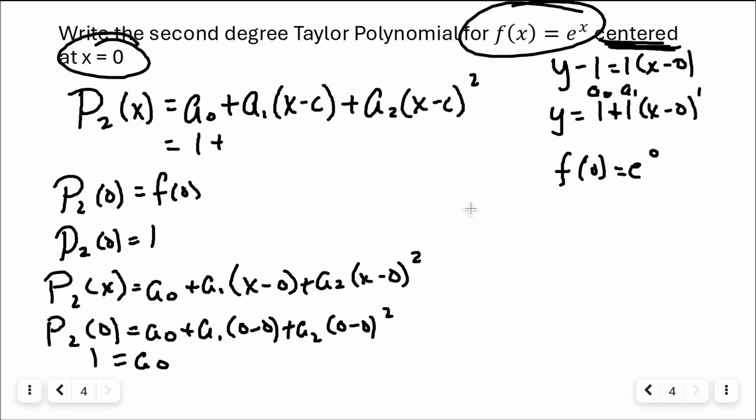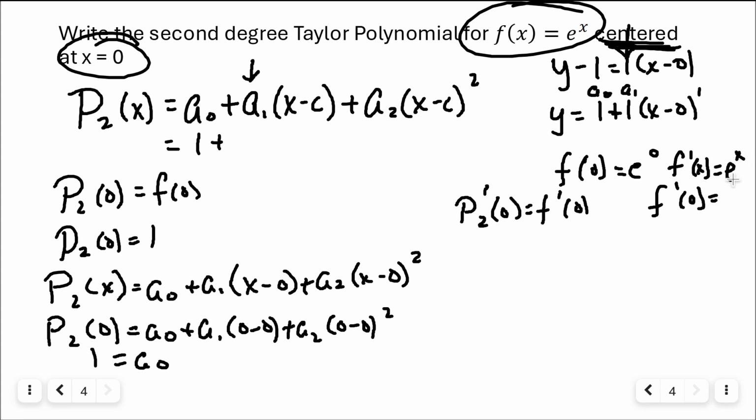Plus a1. To find a1, I need to find the derivative. So p sub 2 prime evaluated at 0 is equal to f prime of 0, right? a1 is the slope. It's the slope of the tangent line. Now, f prime of x is e to the x, so f prime of 0 is e to the 0, which is 1.